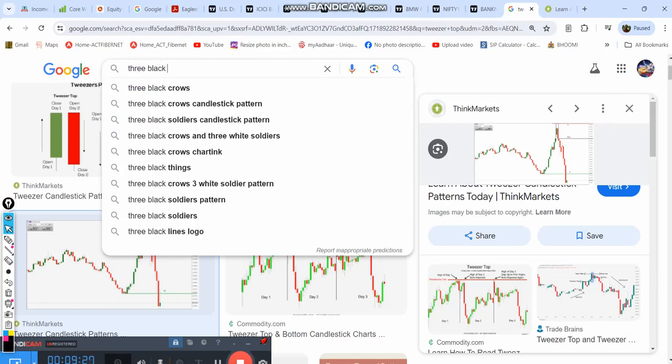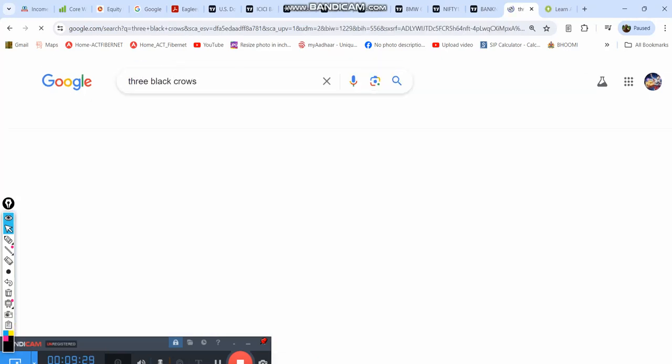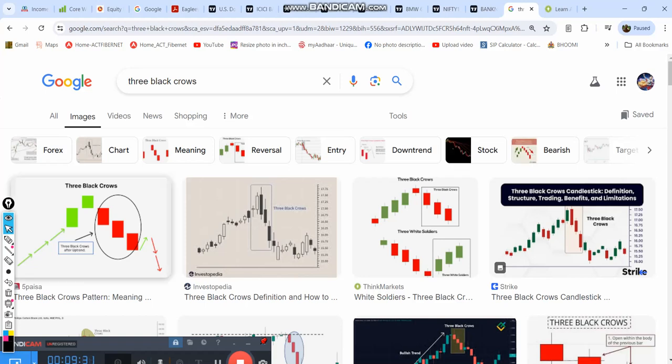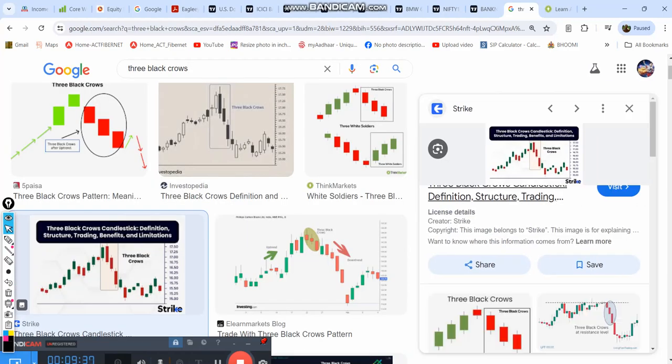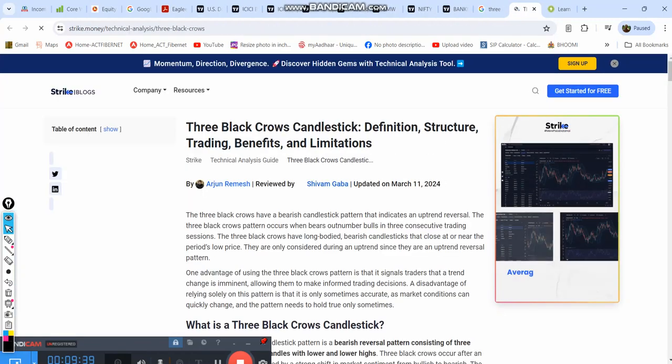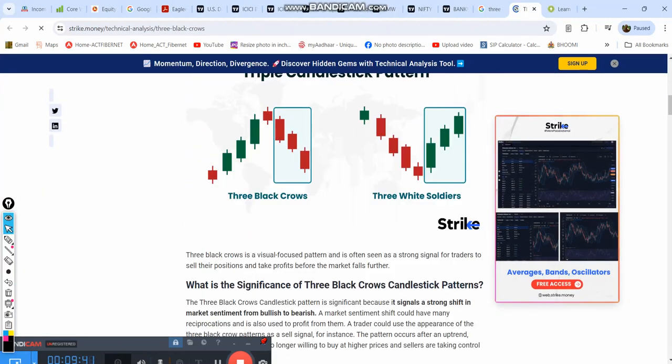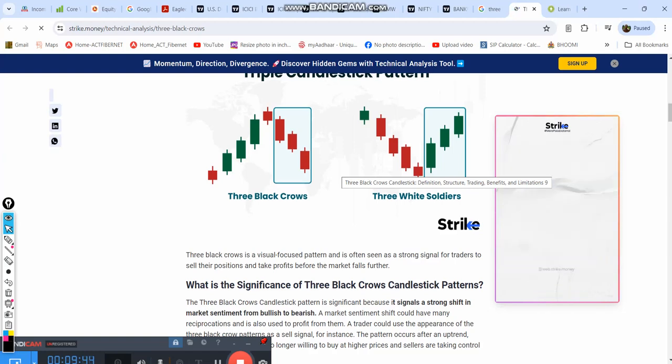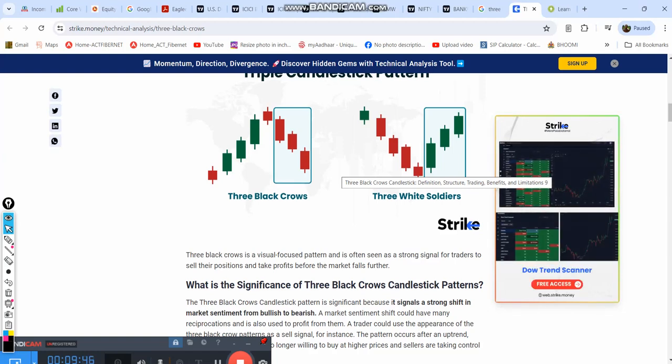Three black crows candlestick chart pattern. Yeah, even this is similar to the 3 black crows candlestick chart pattern here.